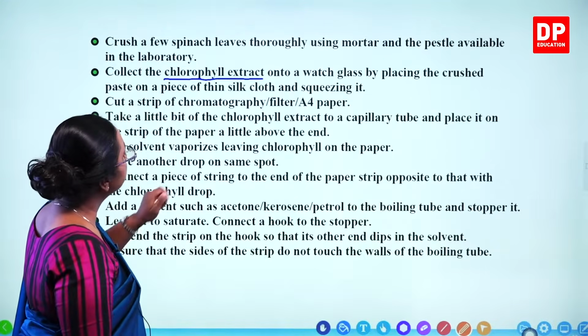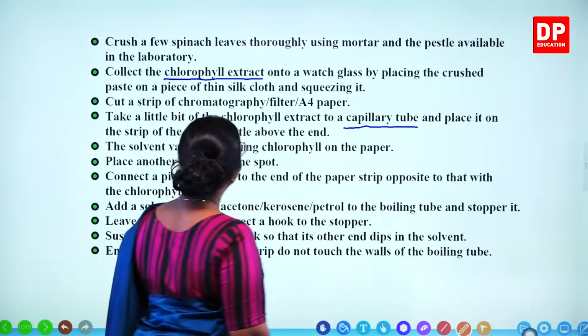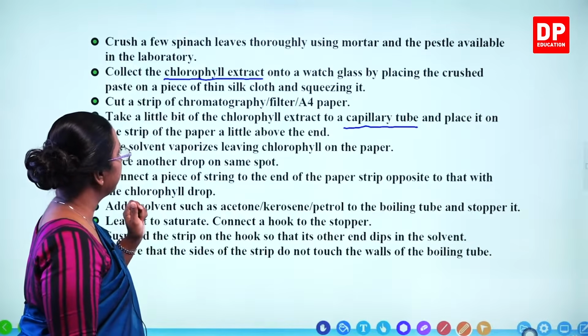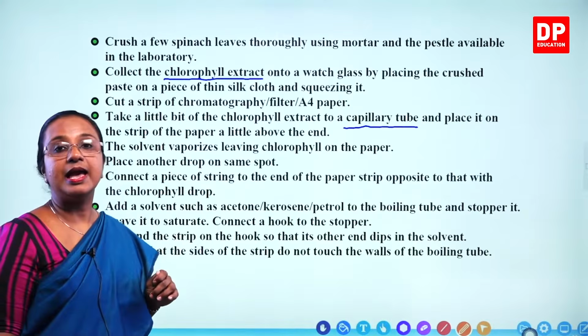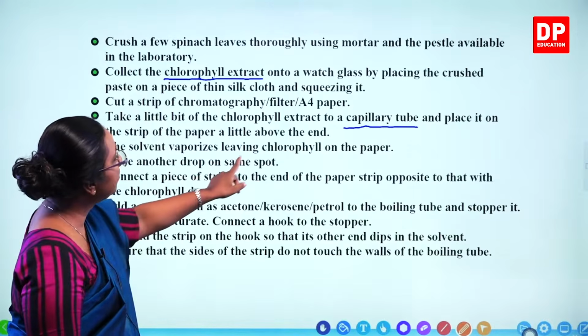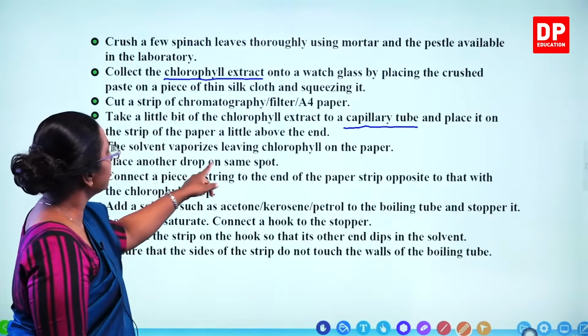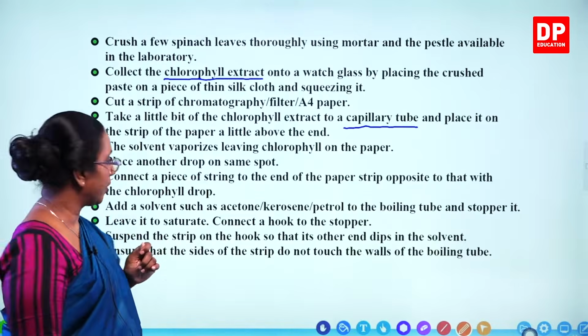Take a little bit of the chlorophyll extract in a capillary tube and place it on the strip of paper a little above the end. The solvent vaporizes, leaving chlorophyll on the paper. Place another drop on the same spot.